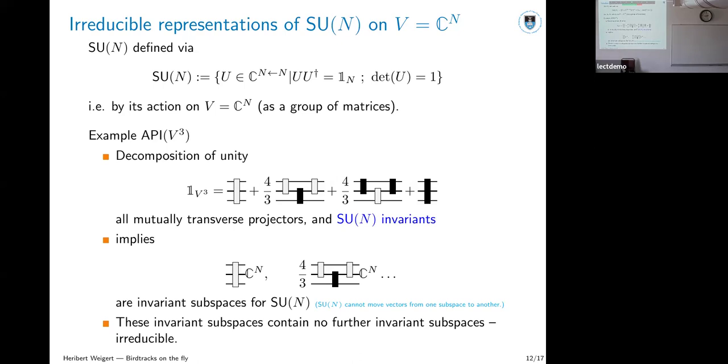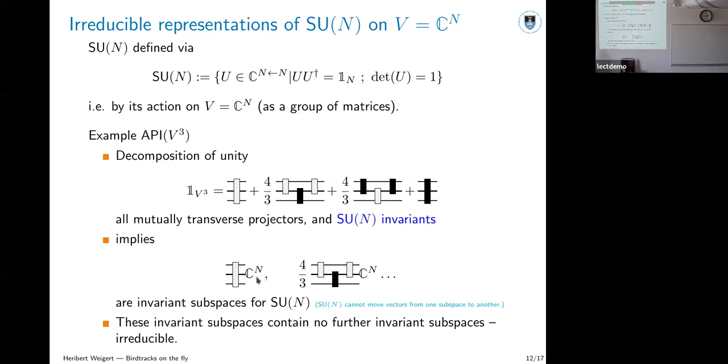If I take them to act on C^N to the 3, I'm missing the power C^N power 3. That's what I'm missing here, because I'm acting on tensor operators. Apologies for that. Right? I have stacked 3 C^N's in a tensor product. Mistake here. But okay.